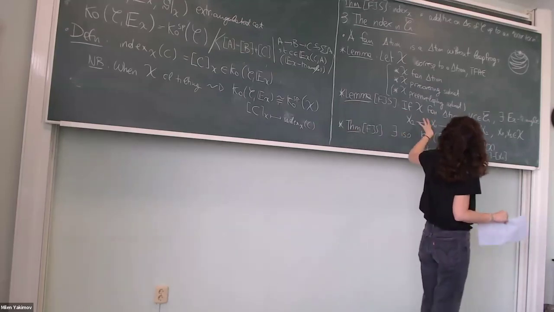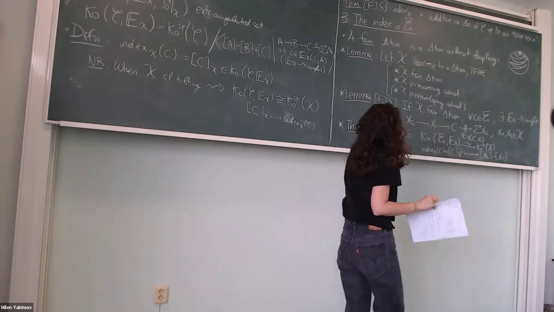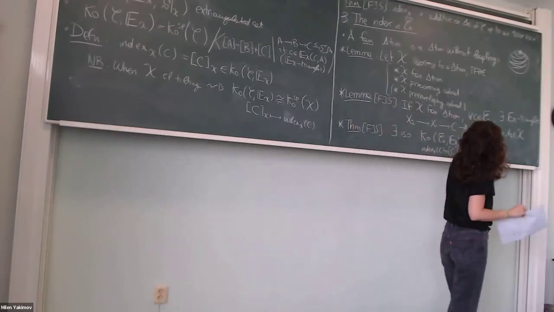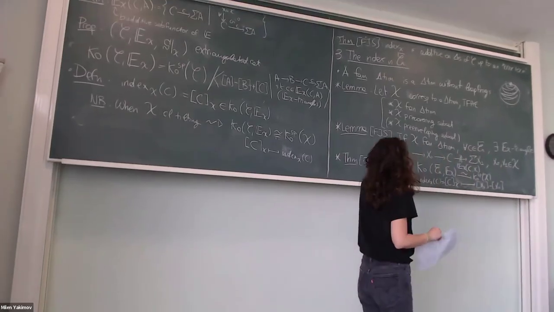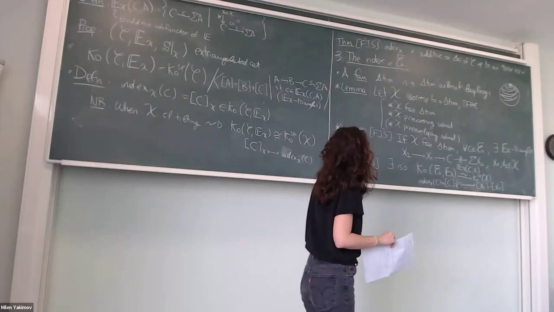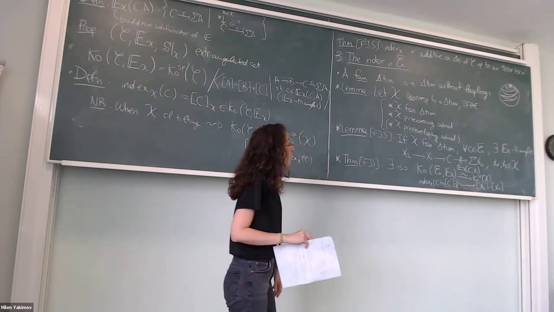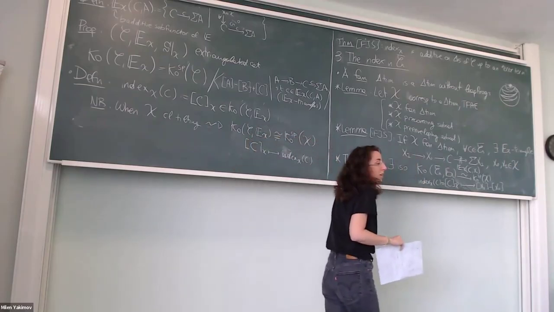In general, this doesn't work for a general triangulated category, but for these special ones, if you choose X in this way, then the index is exactly what you would expect it to be in the split Grothendieck group of X. And we could also prove more properties in this context of this very special category.